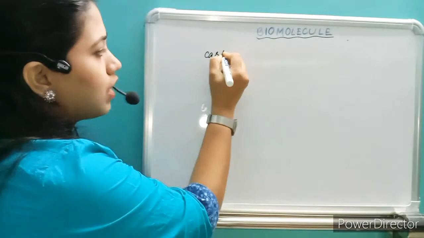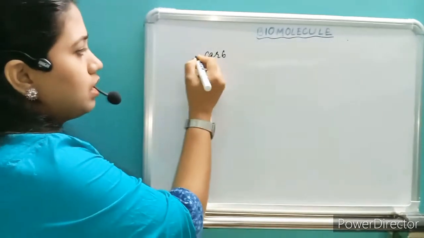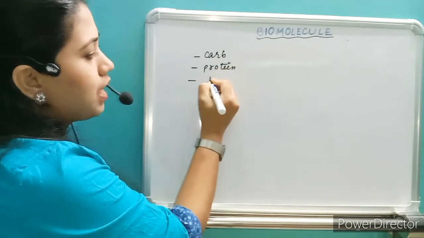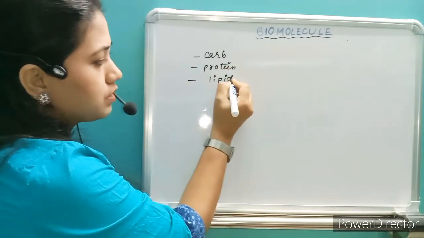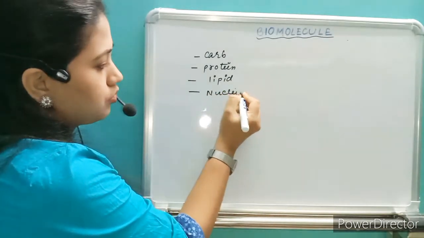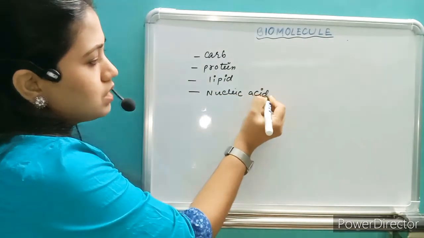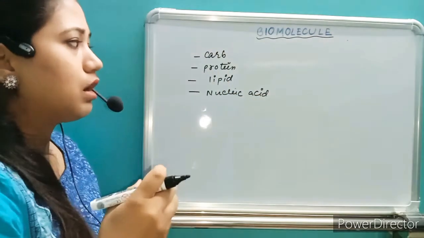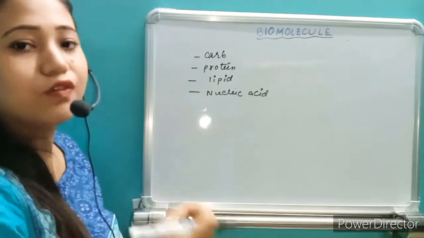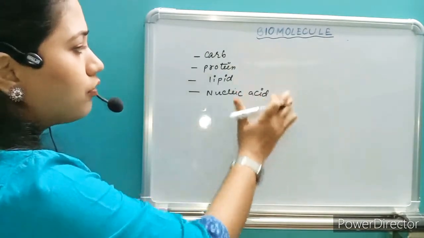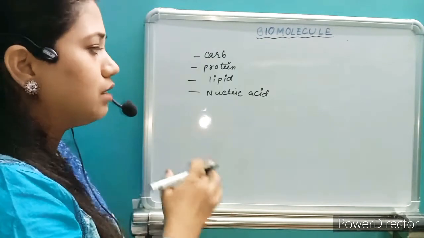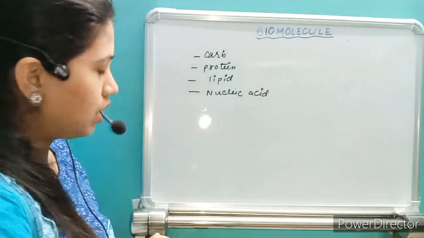First of all, we have carbohydrate, then we have protein, then lipids, and the next one is nucleic acid. So these components, carbon, hydrogen, nitrogen, oxygen, phosphate, sulfur, calcium, are all found in these biomolecules, that is carbohydrate, protein, lipid and nucleic acid, right?